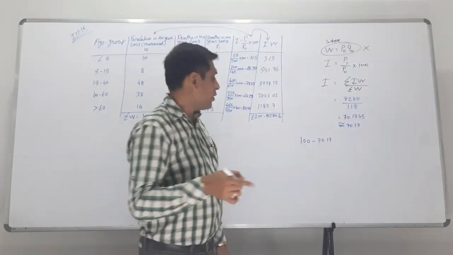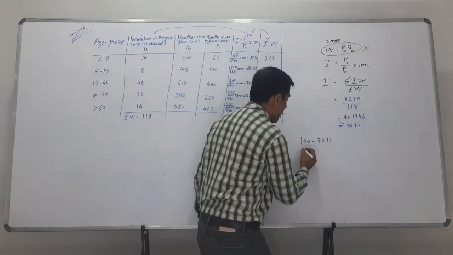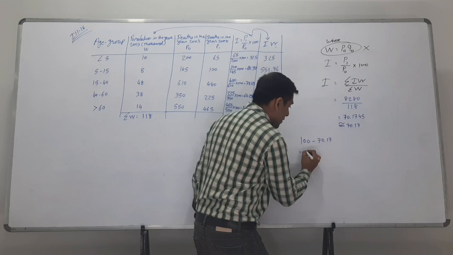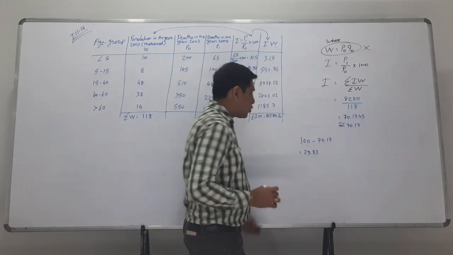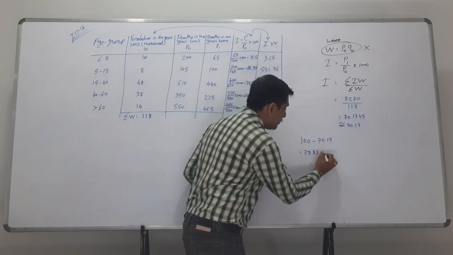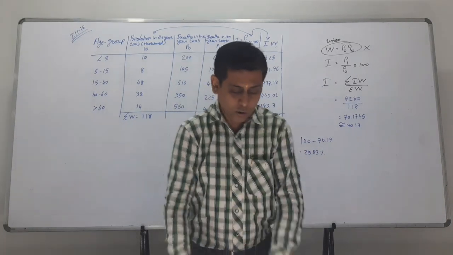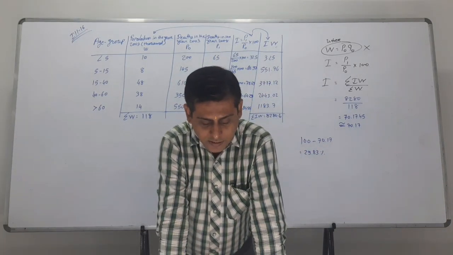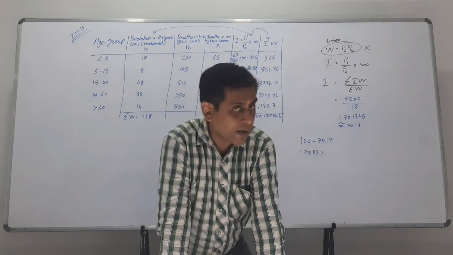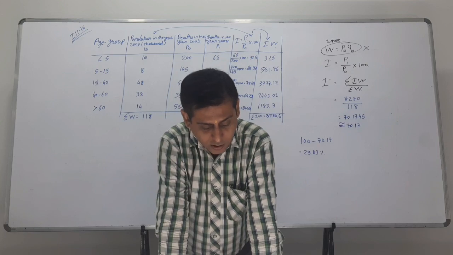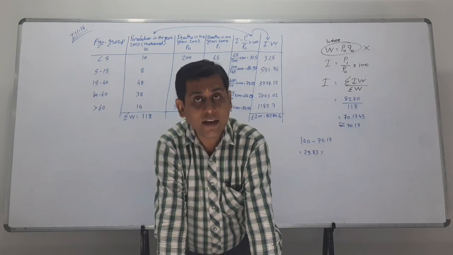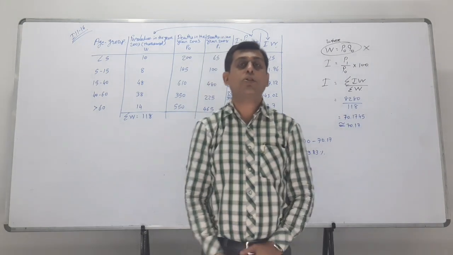Right? So 100 minus 70.17, that is 29.83 percent. So thus it can be said that there is a decrease of 29.83 percent in the deaths due to cancer in 2008 as compared to 2003.